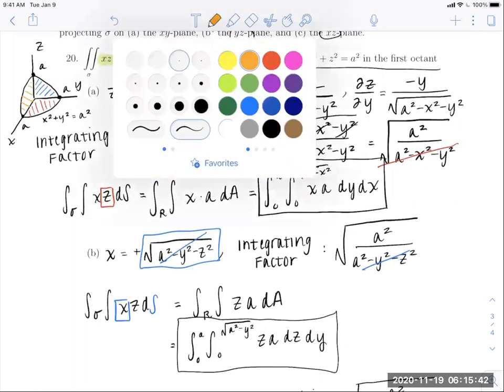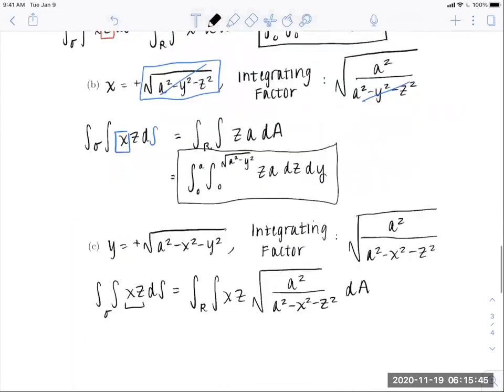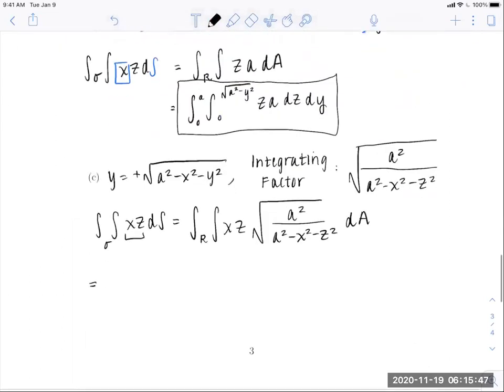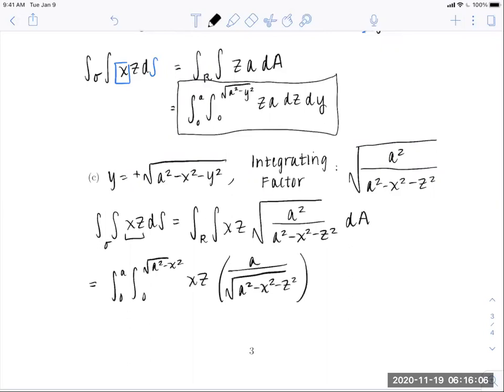And so we can set up our limits of integration accordingly: 0 to a, 0 to the square root of a squared minus x squared. And then we have xz times a over the square root of a squared minus x squared minus z squared. And here we chose to integrate in the order of z and then x.